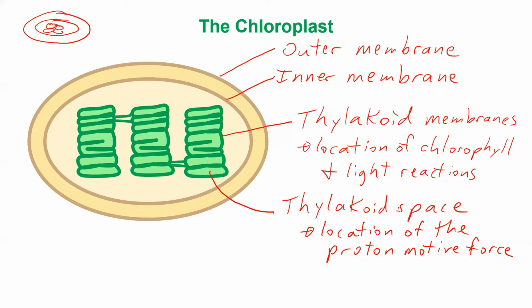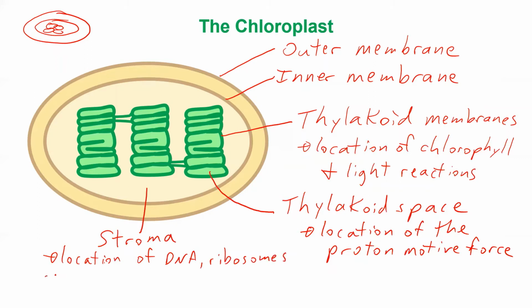So there's one more place to label, which is this part between the inner membrane and the thylakoids, and this is called the stroma. So what goes on in the stroma? So this is the location of your DNA. So remember that chloroplasts have DNA and ribosomes, and that's where that is found.